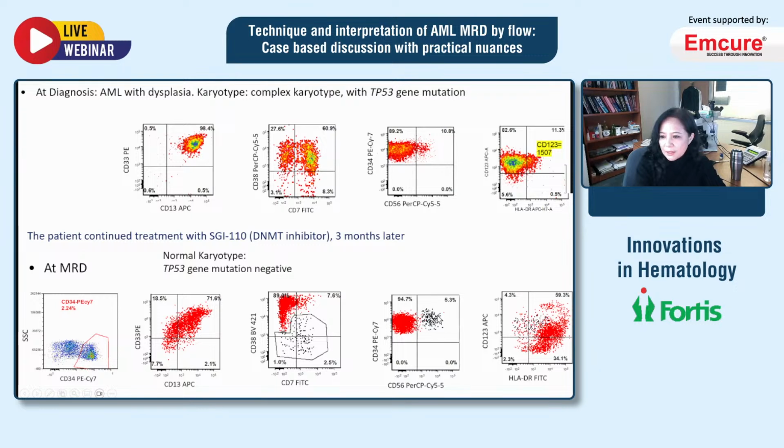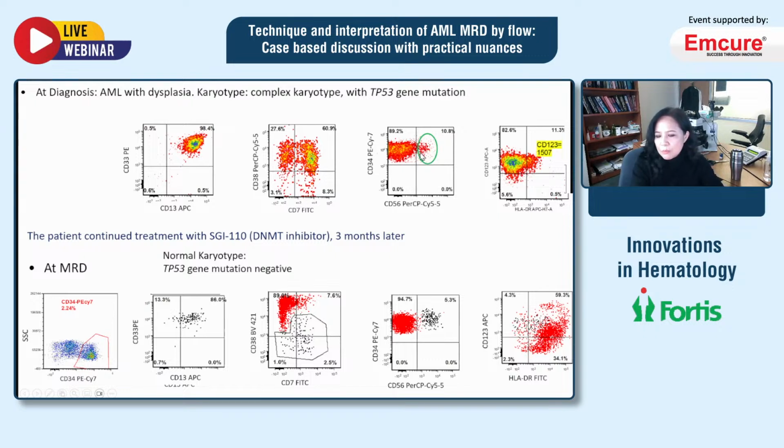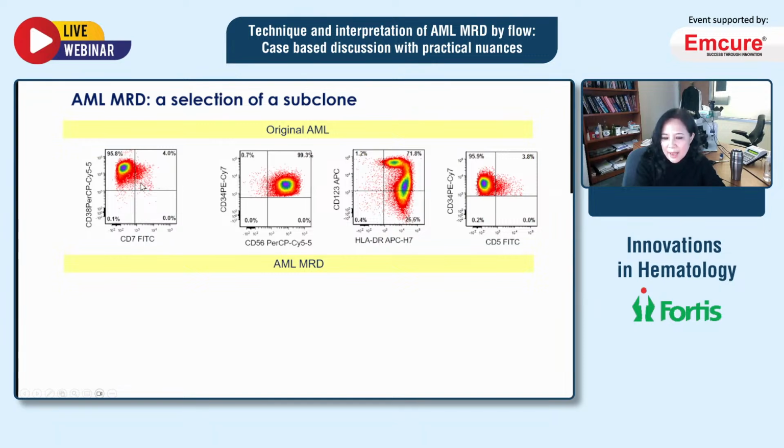If you see here, looks like they are all 56 positive, and also they still have this pattern, 123 high and DR low. So it looks like this is actually selected, as we say, subclone selection. So this turned out to be the most resistant ones, the 56 positive, and then they survived, and then in the AMRD, right? So this is another case, like a very little CD7, but a strong 56. And you can see this is the one with AML with plasmacytoid dendritic cell differentiation.